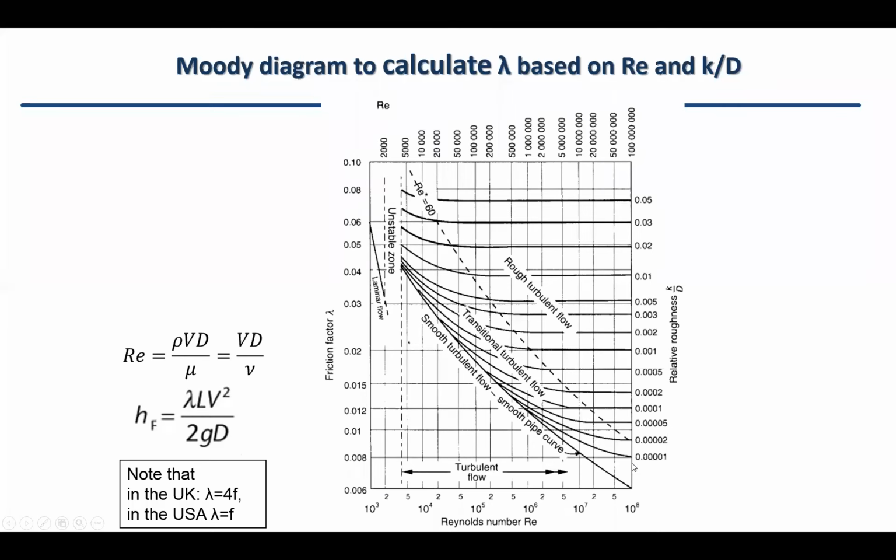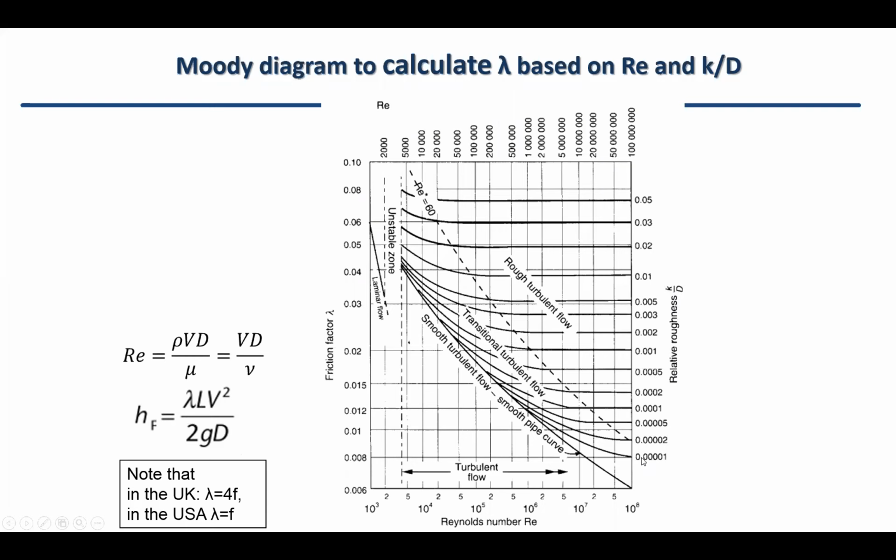And you can see on the right hand side there are a lot of graphs here, and each graph is associated with a specific relative roughness, or K over D. K is the absolute roughness, or the average height of the protrusion sticking out inside the pipe, divided by the diameter.